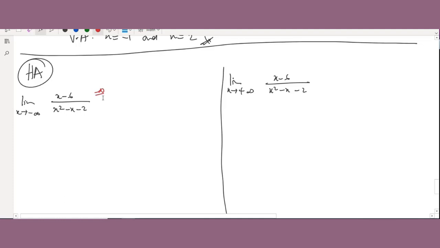Negative infinity over infinity is an indeterminate form. Polynomial over polynomial, and infinity tends to infinity. So you have to divide by the highest power of the denominator.